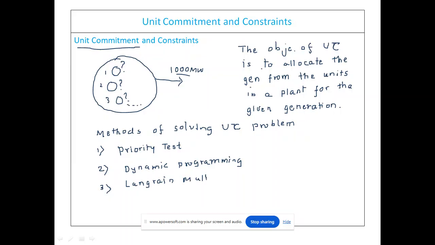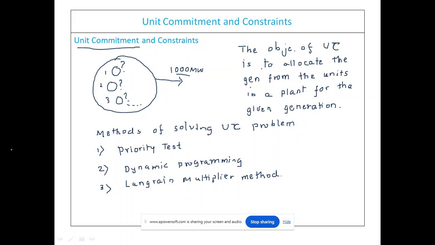We do not have these methods to study in detail, but we have to understand the constraints.